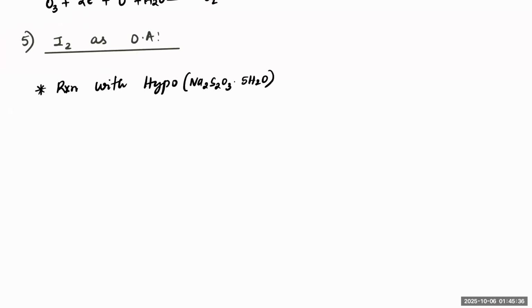So when sodium thiosulfate is reacted with I2 plus Na2S2O3 in aqueous solution, meaning you added sufficient water, it will convert into 2NaI plus Na2S4O6.